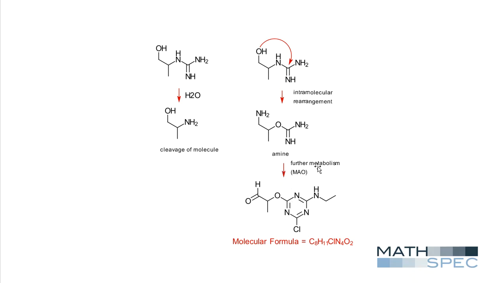So you could argue that we have an amine and it could go through monoamine oxidase and go to an aldehyde, and the aldehyde could go to an acid, but it's not likely under the conditions that they did their studies that we'd get reduction to an alcohol.